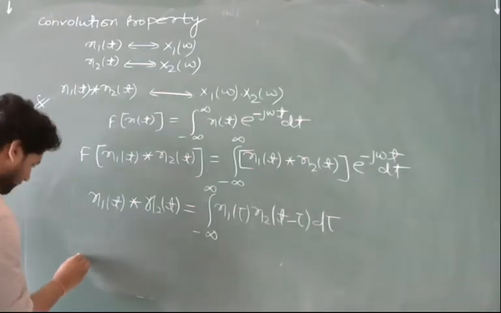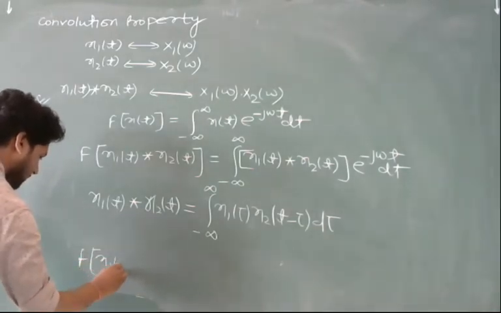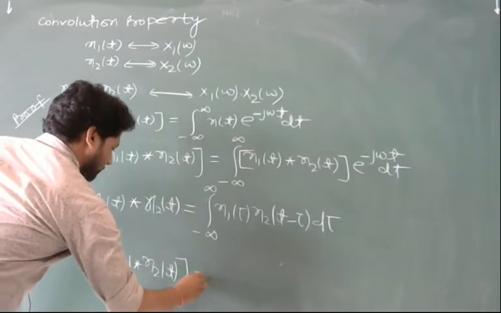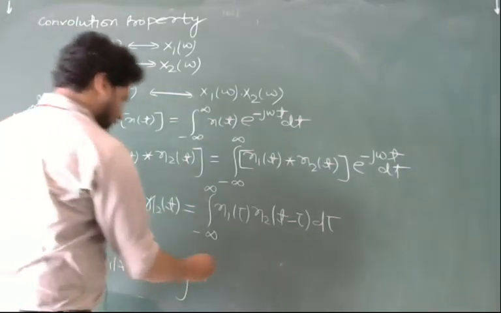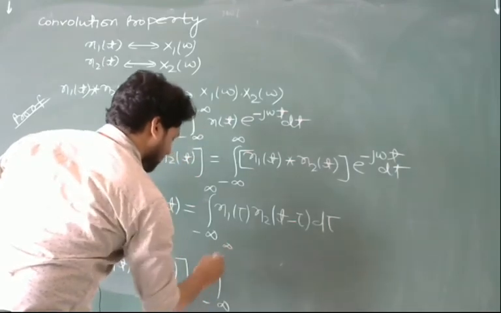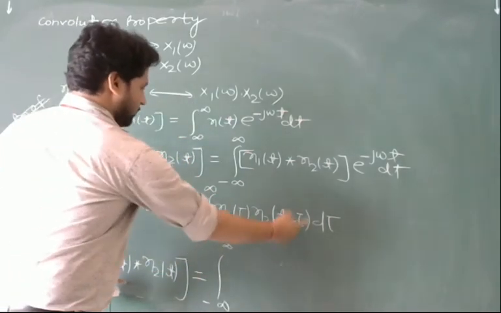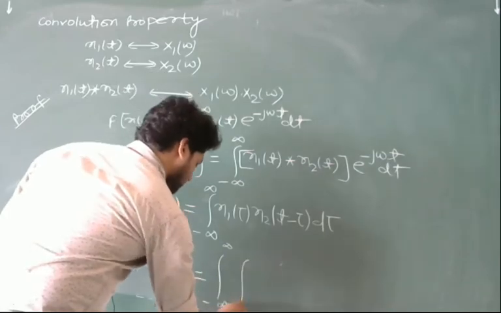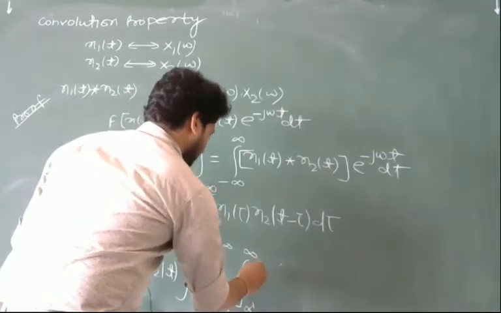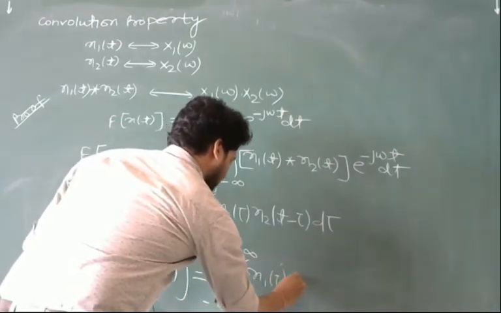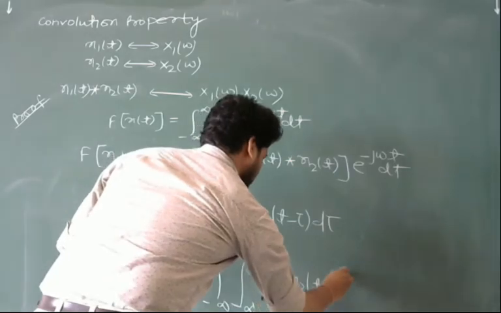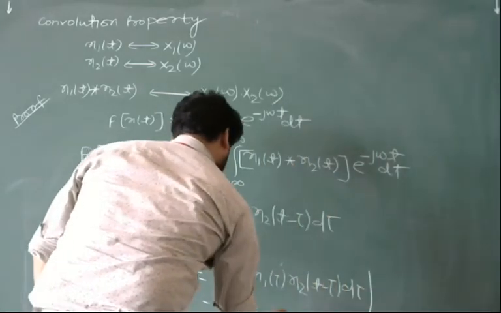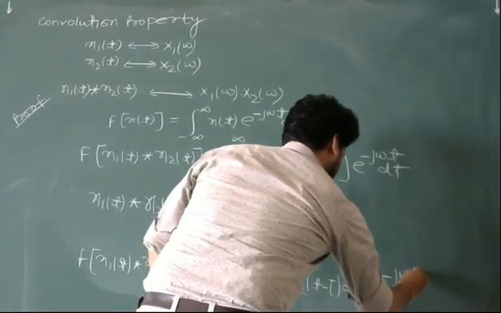Then the Fourier transform of x1(t) convolution with x2(t) will become equal to the integral from minus infinity to plus infinity of x1(tau) x2(t minus tau) d tau into e to the power minus j omega t dt.